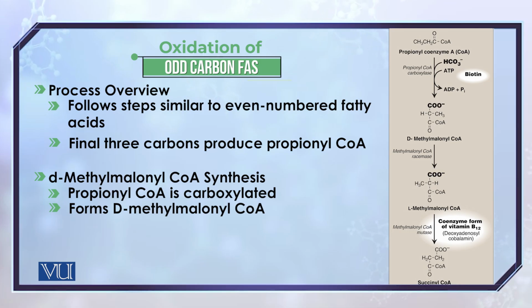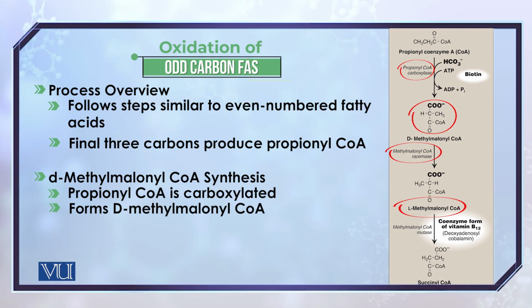This propionyl CoA is then converted into D-methylmalonyl CoA through the activity of a carboxylase enzyme. This D-methylmalonyl CoA is converted into L-methylmalonyl CoA through the activity of a racemase enzyme.